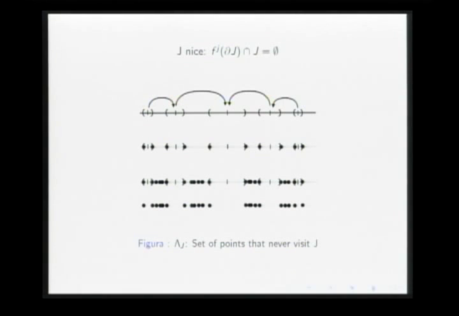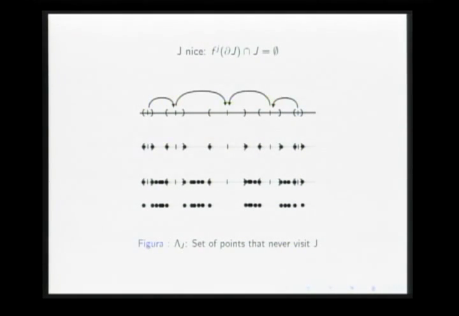Then we can observe what a nice set is. A nice set is like this. If you have a set whose borders never go into the interval, then you can decompose your whole interval by considering the pre-images of this set, okay?